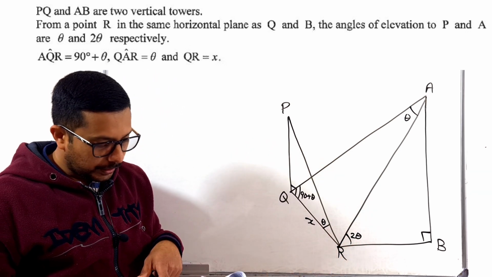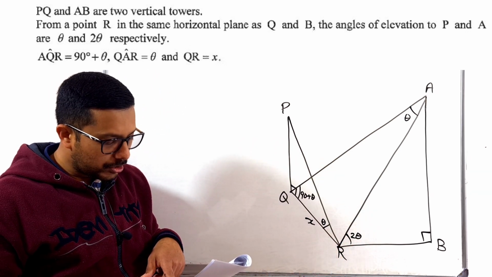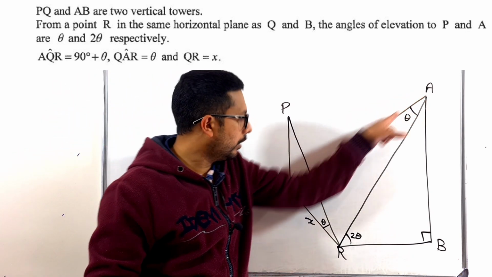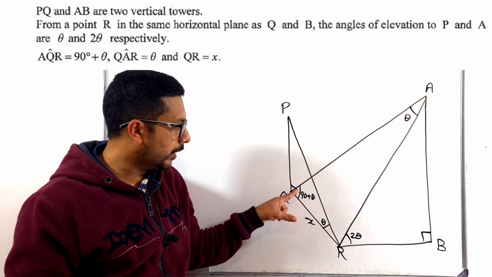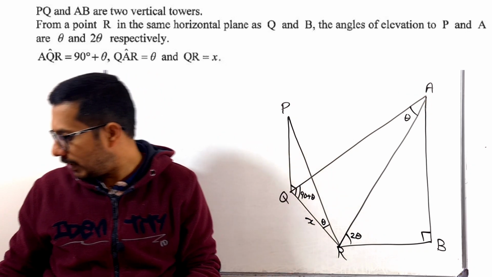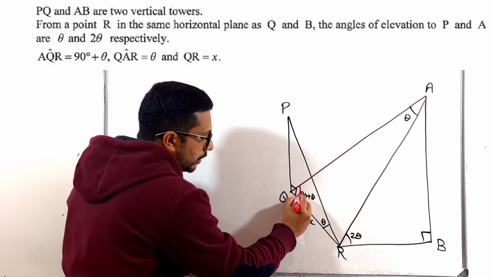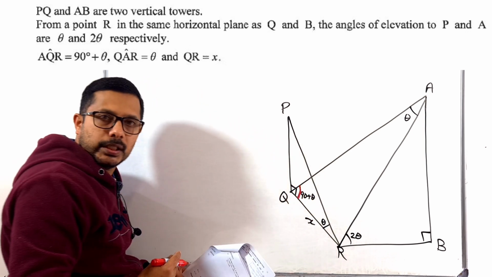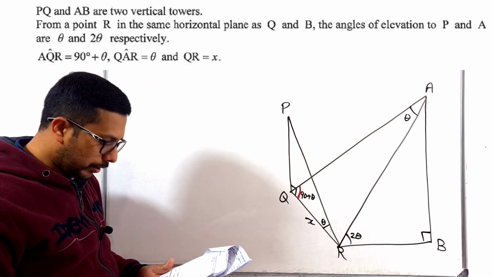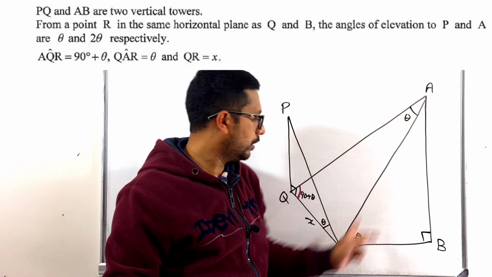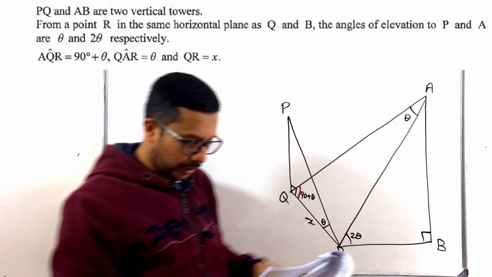Then angle AQR is equal to 90 plus theta. So AQR, that means this angle is 90 plus theta. Now QAR is equal to theta, this angle is theta.